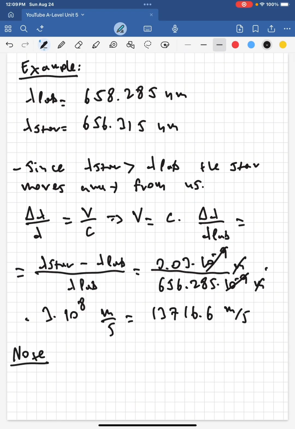Let's put a note over here. If the wavelength of this absorption line we receive from a star is less than the same line as we observe it in the lab, then we have blueshift.